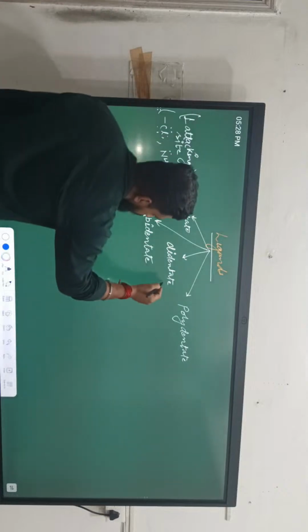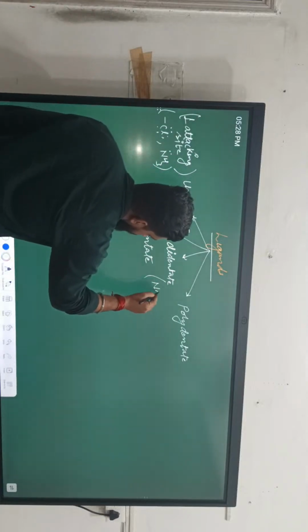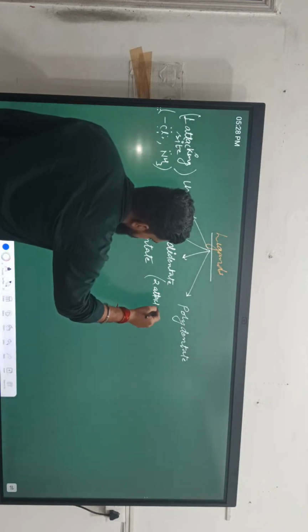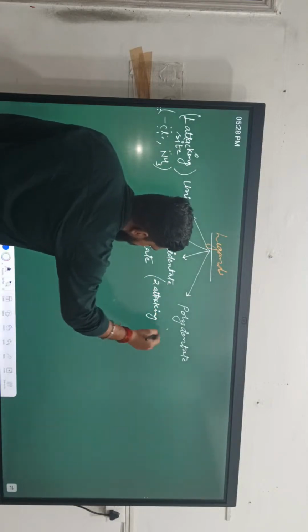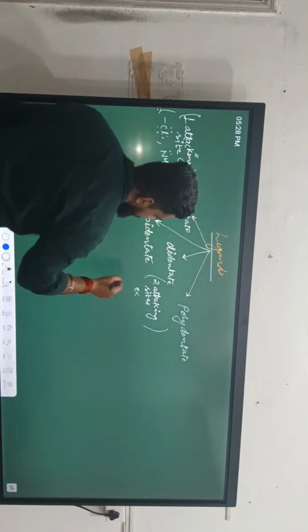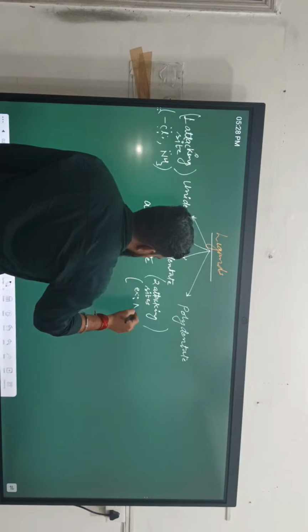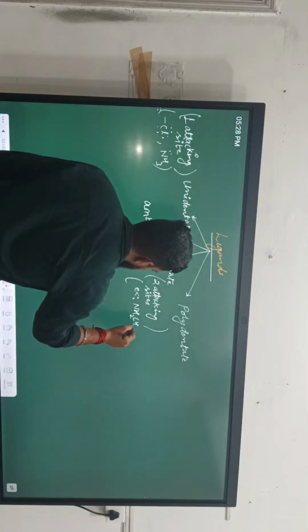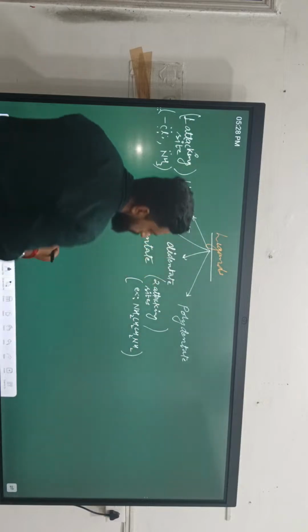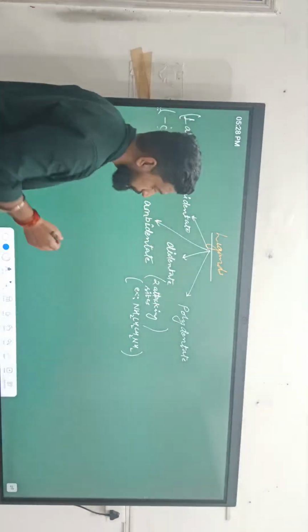Now didentate: the type of ligands which have two attaching sites. Example, NH2 CH2 CH2 NH2.